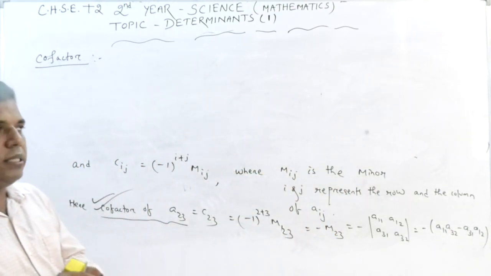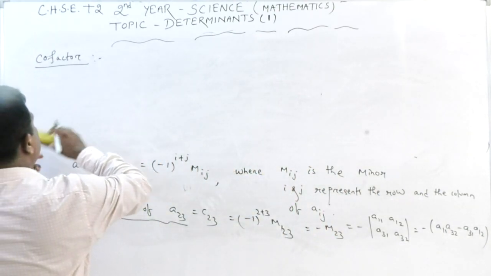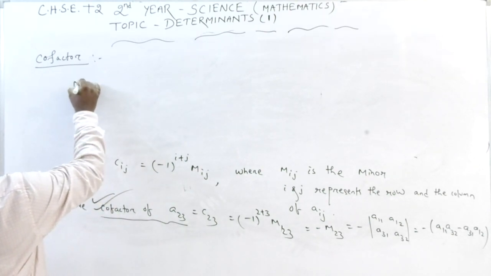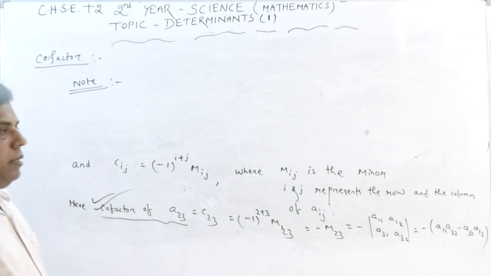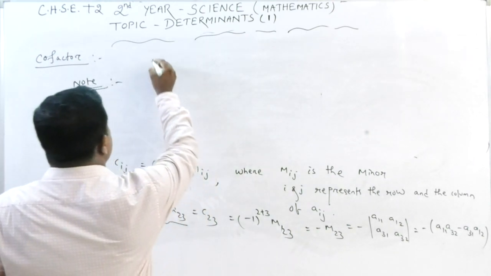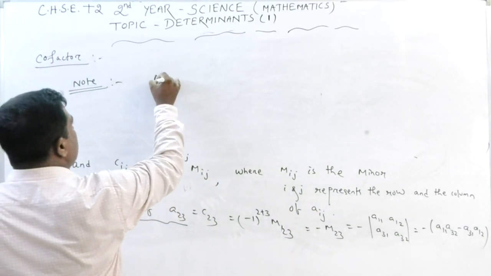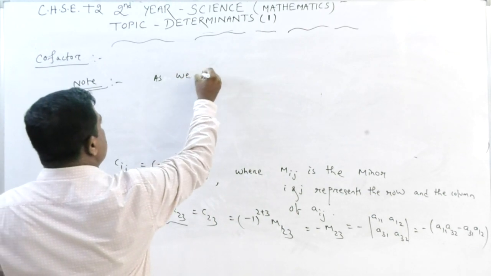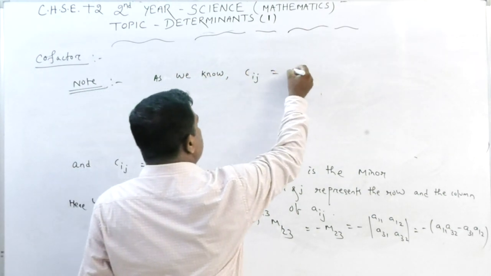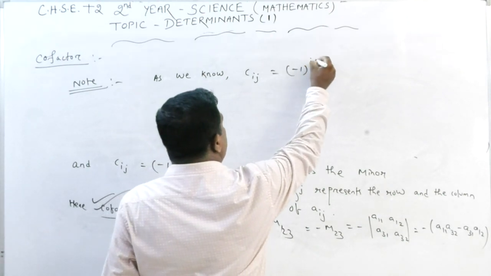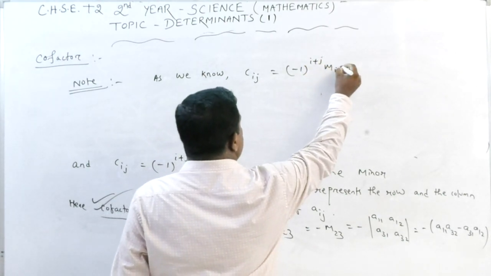And what the note says? The note says, as we know, Cij, the cofactor, is equal to minus 1 to the power i plus j into Mij.